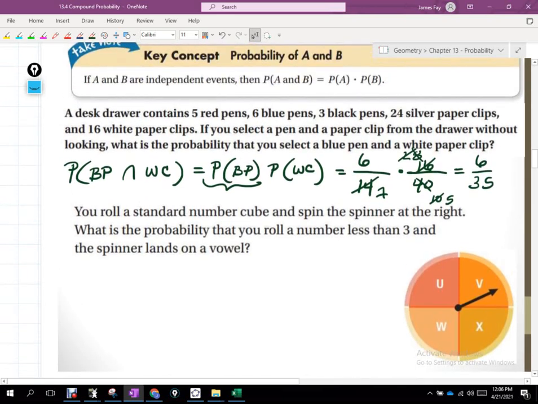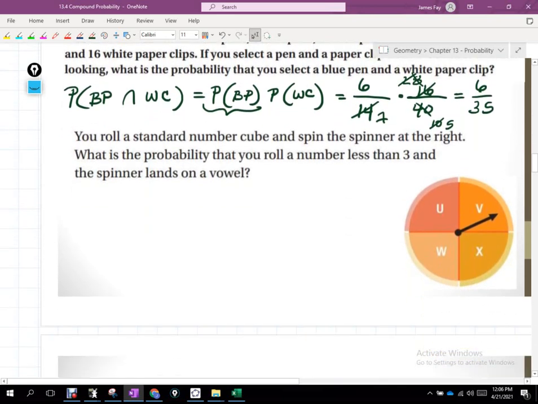So you roll a standard number cube and spin the spinner at the right. What's the probability to roll a number less than 3 and the spinner lands on a vowel? Okay? So we're going to go probability of less than 3 and vowel.